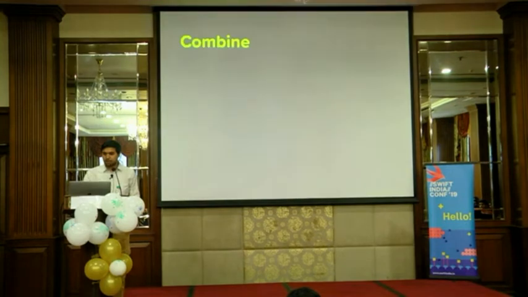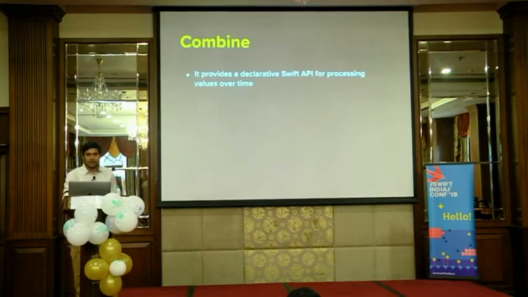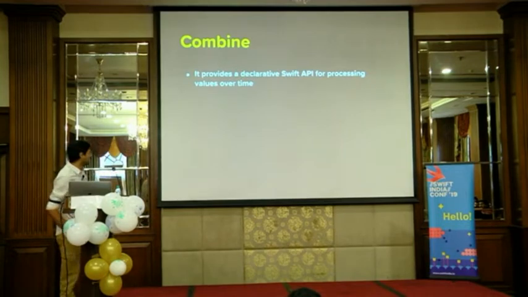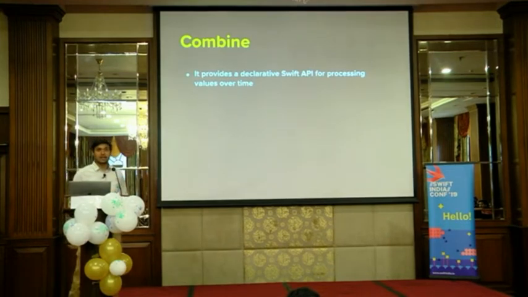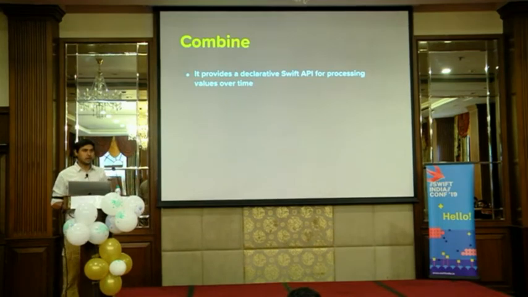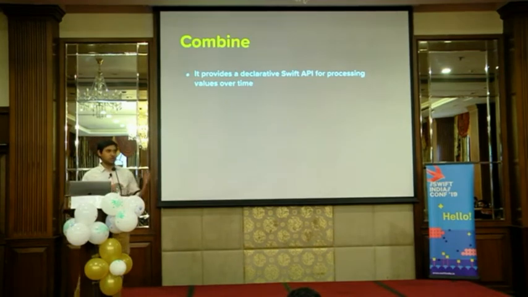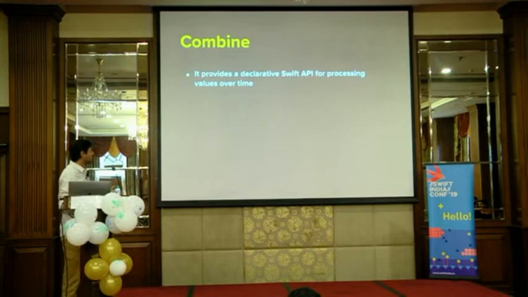Combine is a declarative Swift API for processing values over time. There are a lot of cool keywords in this one line. Declarative means you can read what it's doing while reading the code. It hides the implementation, so you can read it casually.